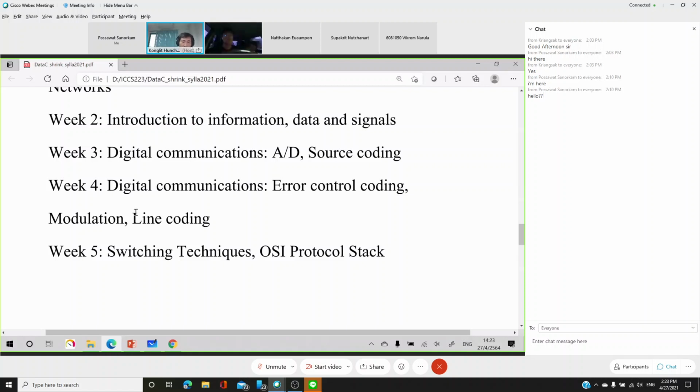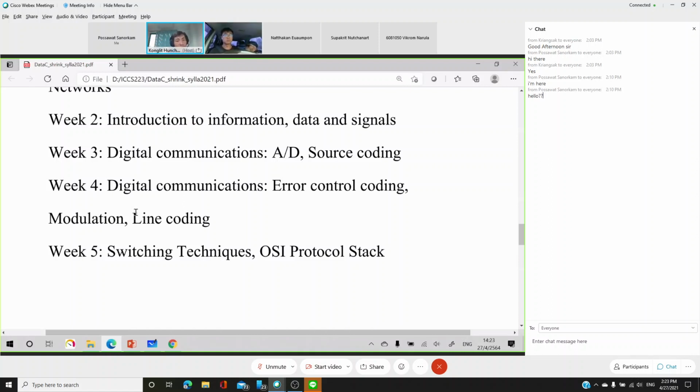speak into a microphone, and then when I speak into the microphone, my voice turns into an electrical signal. Okay. That electrical signal cannot just go out of the antenna and travel to the destination.